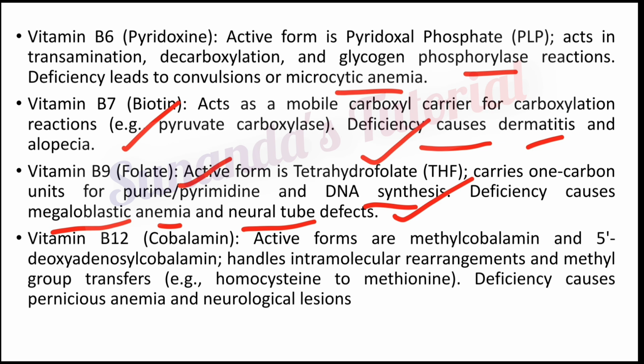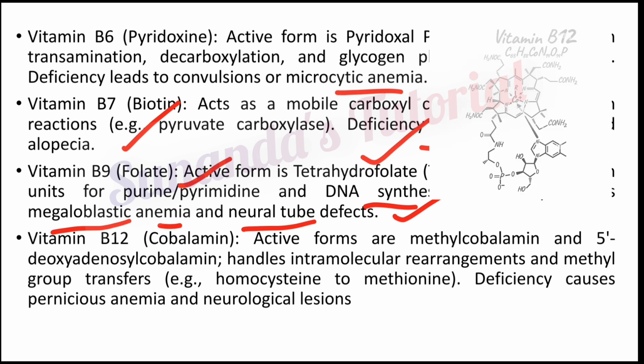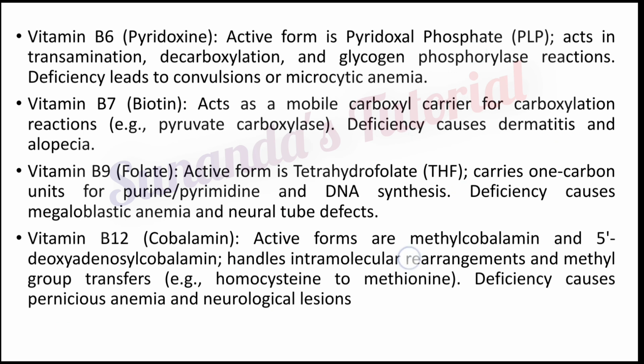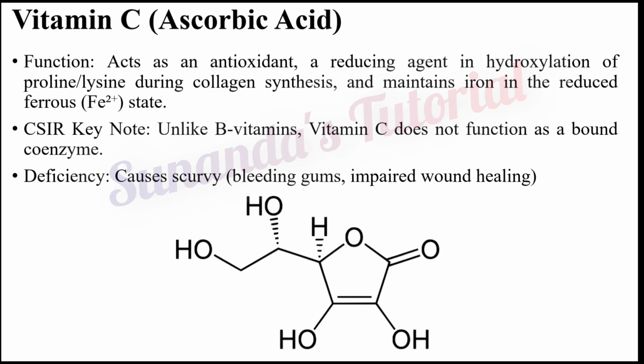Vitamin B12 or cobalamin, its active forms are methylcobalamin and 5-deoxyadenosylcobalamin. It handles intramolecular rearrangement and methyl group transfer, and its deficiency causes pernicious anemia and neurological lesions. So that's all about the vitamin B complex.